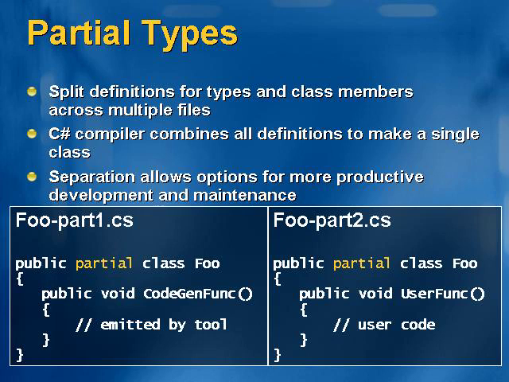Partial types is super cool. How many folks have either accidentally or on purpose opened up the designer-generated code inside of your form and tweaked something and had the designer not work again afterwards? Anybody? Excellent. So what partial types allow us to do is split up a class across multiple files, so that designer-generated code is no longer in your CS file.